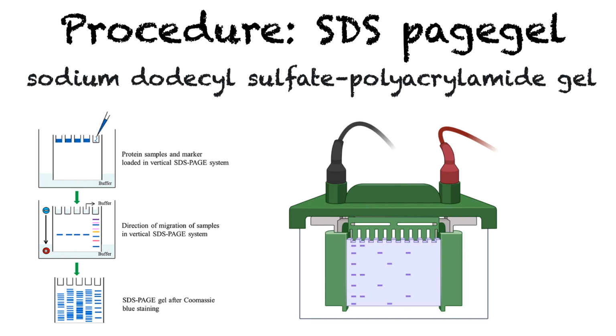In a similar way here, we separate our molecules. We sometimes use it for RNA and DNA separation, and sometimes for protein separation. Usually we use it for protein separation. This is very similar to agarose gel, but the only thing is we use a different buffer here, and we use a different gel tank and different kind of gel, because it's a polyacrylamide gel.